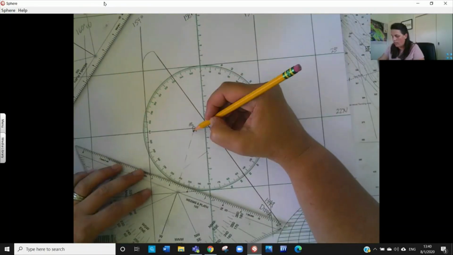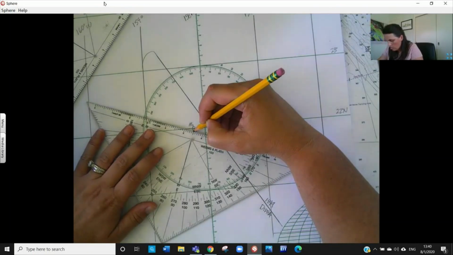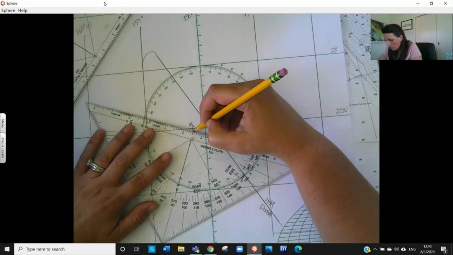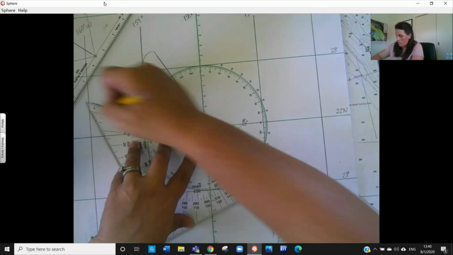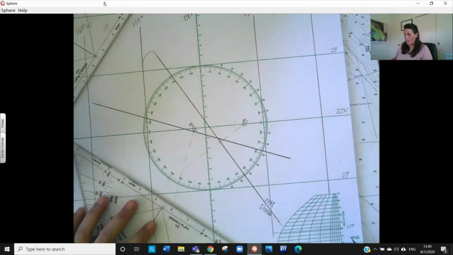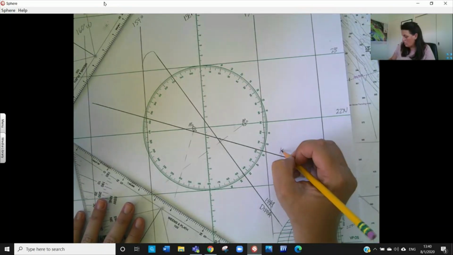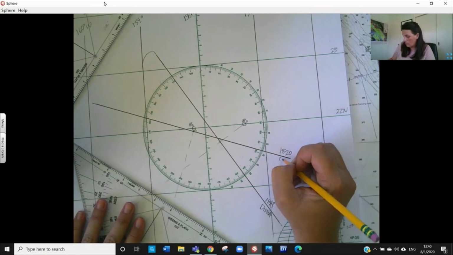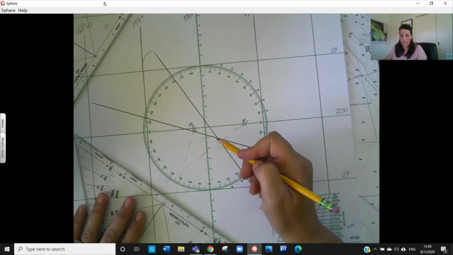Draw in a perpendicular line. And now we have an LOP at, what was it, 1820, and this was Capella. So we have a cross, that's good.